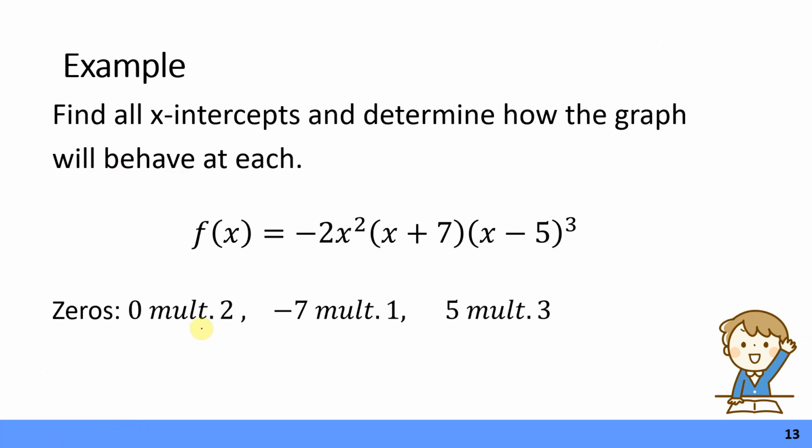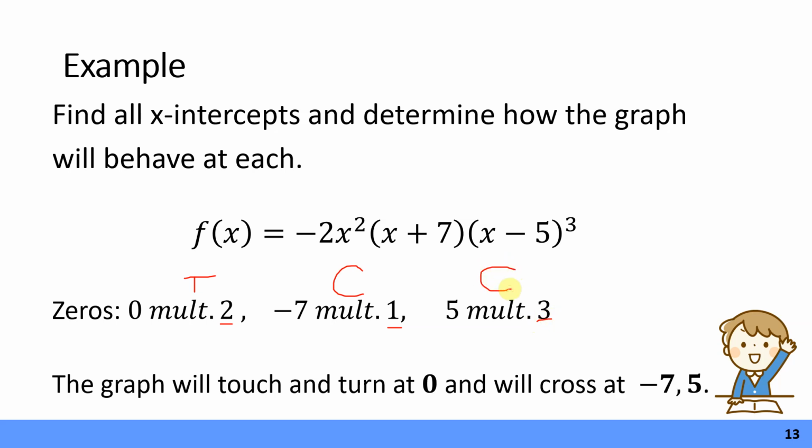So super simple. Multiplicity of 2 is even, so that means here it's going to touch. Multiplicity of 1 is odd, so it's going to cross. Multiplicity 3 is odd, so it's also going to cross. So that's how I found my answer. The graph will touch and turn only at 0, and it will cross at both negative 7 and 5.